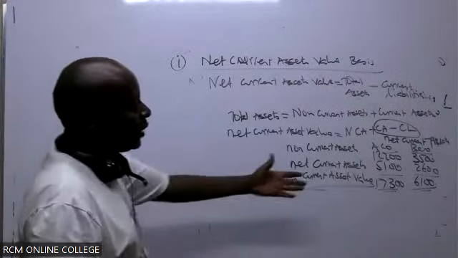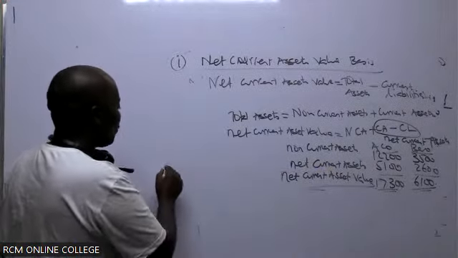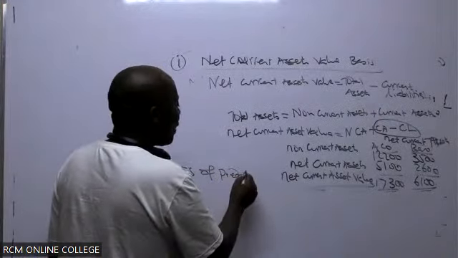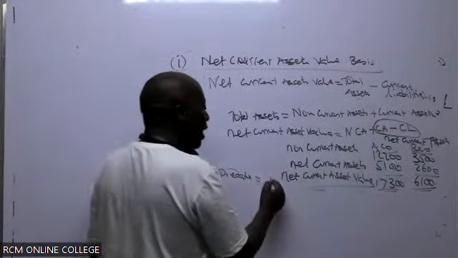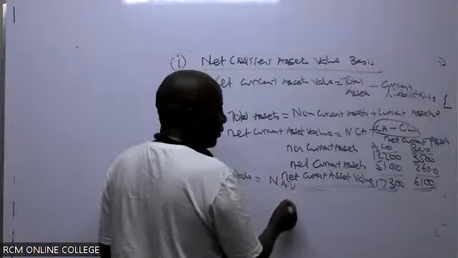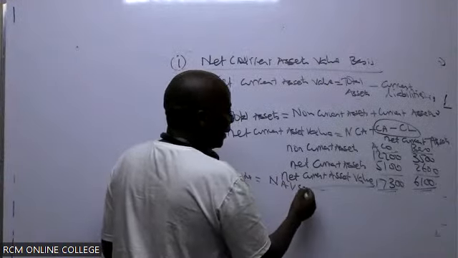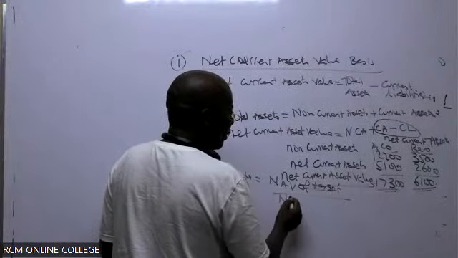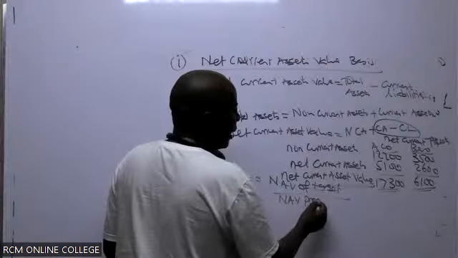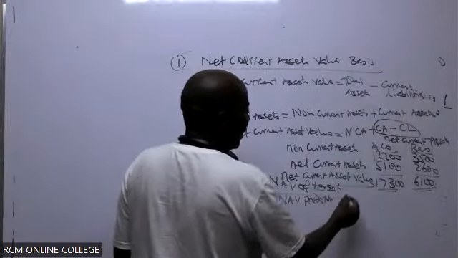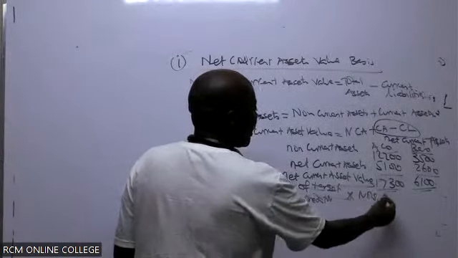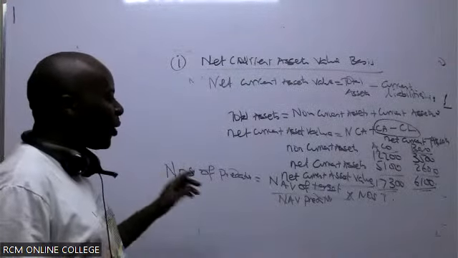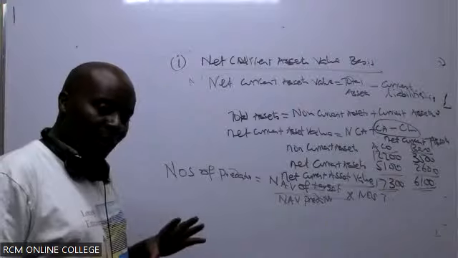So if you're using this to get our number of shares of the predator, you will take the NAV of the target over the NAV of the predator, times, in this case here, NOS T. So I want you to go and watch this video again.